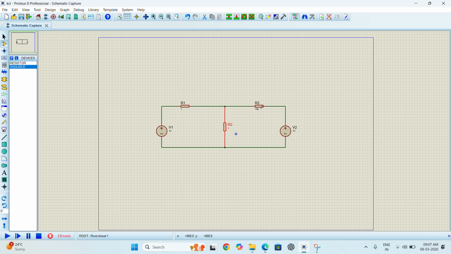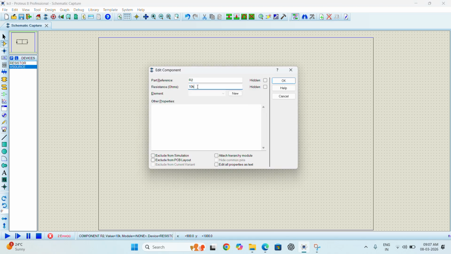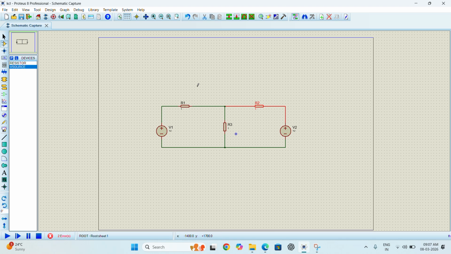Sometimes you can't give a particular voltage to a resistor, because there is something called power ratings. If you don't see the power ratings in Proteus, that's not a problem, because it is not going to burn anything here. So you can do anything in Proteus. That's my motto in telling this.